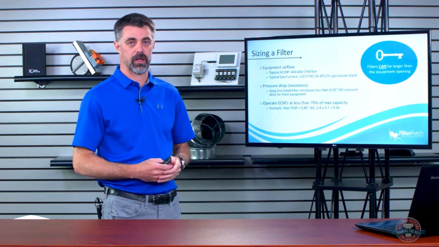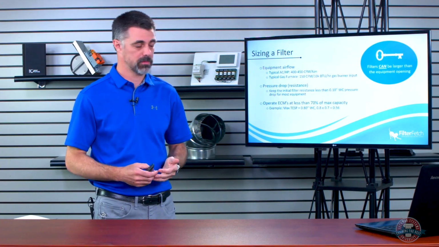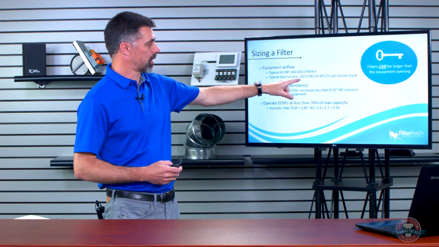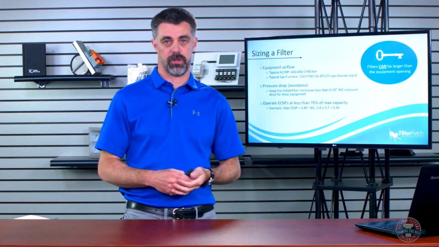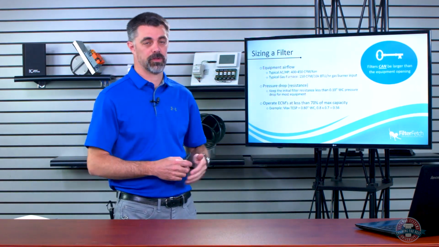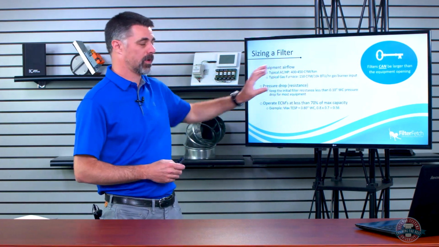Typically, for air conditioning and heat pumps, we're looking at about 400 to 450 CFM per ton. A typical gas furnace is going to run about 150 CFM per 10,000 BTUs of input. That's going to give you an idea of how many CFM you need to run through that filter.